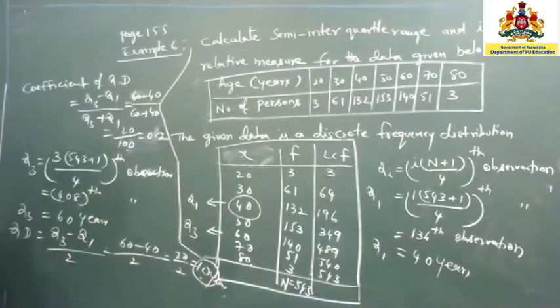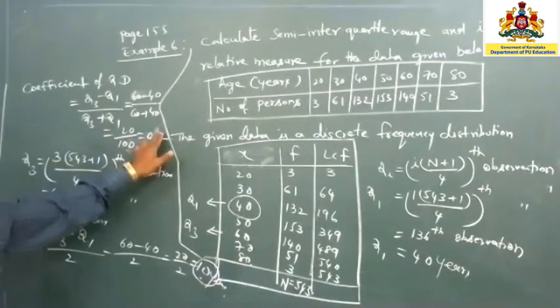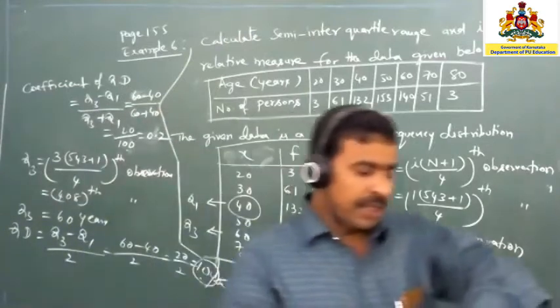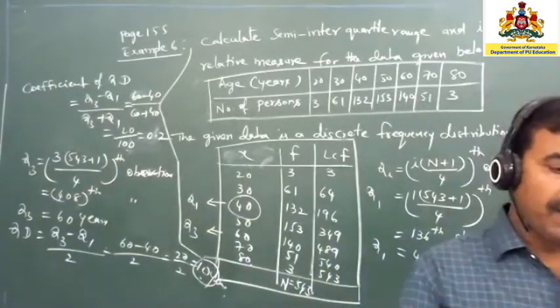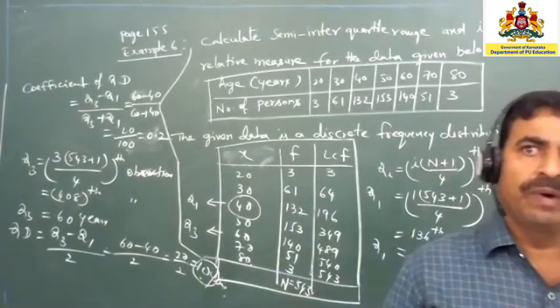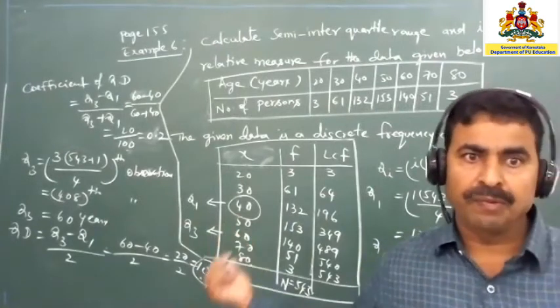It contains units, it is an absolute measure. Coefficient of quartile deviation is (Q3 minus Q1) by (Q3 plus Q1); by substitution you will get 0.2. It is a pure number. I think you understood the discrete data. For any sum, you follow this procedure, find the quartiles Q1 and Q3, then substitute in the formula.